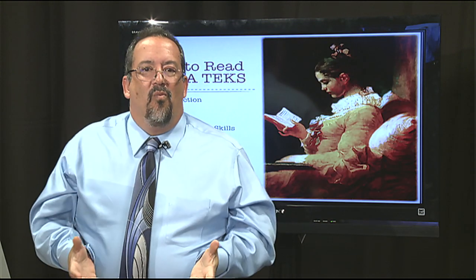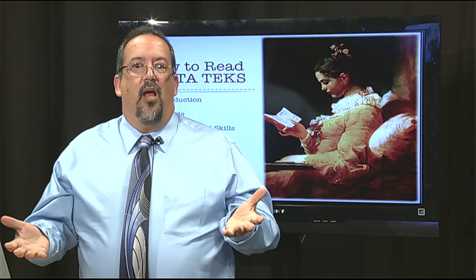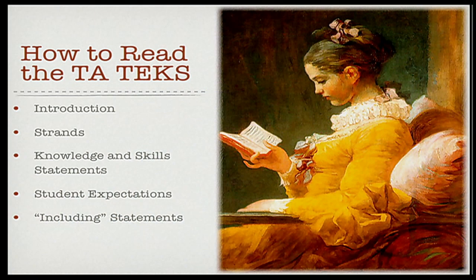So, what did we just cover? We covered a lot in just a very short period of time. We covered the introduction statements, what the introduction looks like. We talked about the strands. What are those 6 strands? We talked about those earlier. We actually had a whole segment just on the strands. We talked about our knowledge and skills statements, how they're formatted. They start off with what the strand is, then they talk about the very vague knowledge and skills statements, and then they always end with the student is expected to.